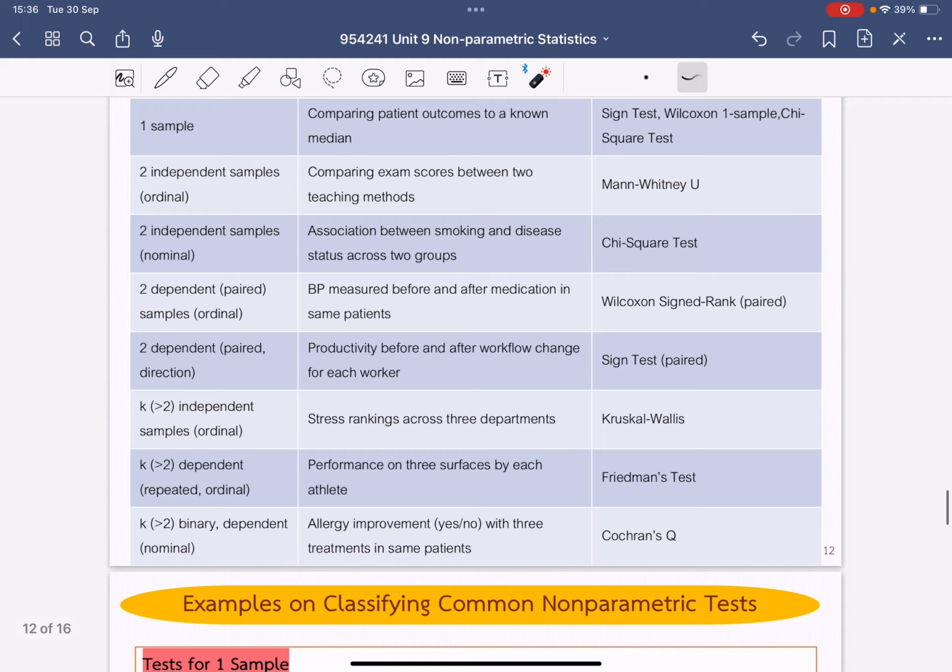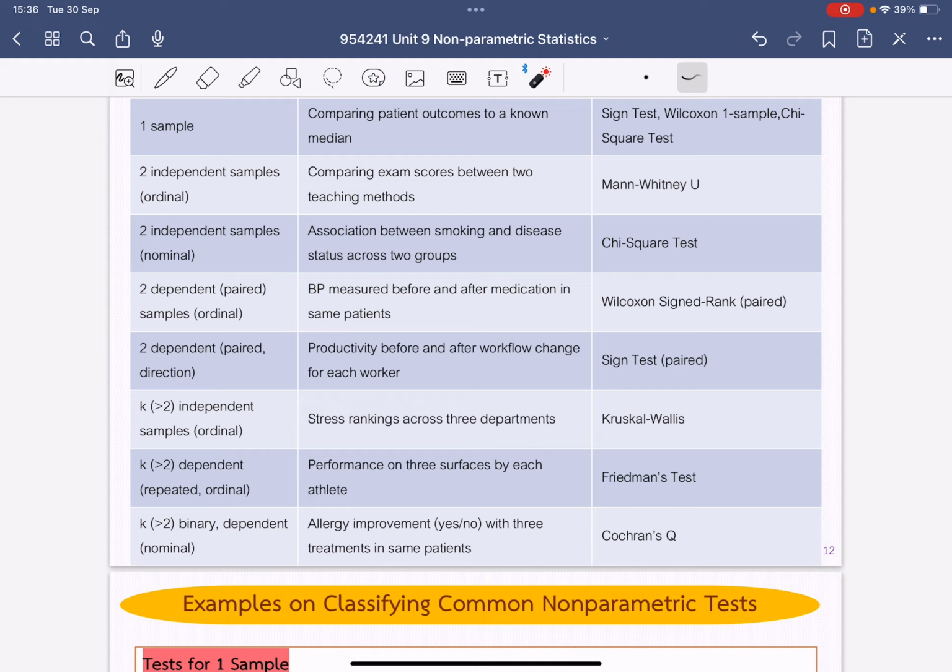Now for two dependent samples, they call them paired samples, paired t-test. Two dependent samples means you use the same group of people, like you measure blood pressure before and after medication with the same group of patients.